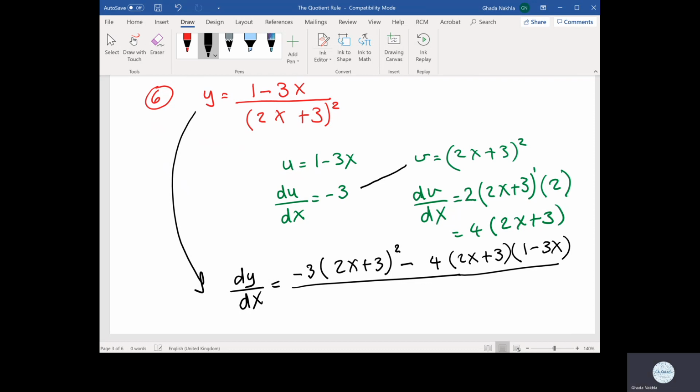I'm just substituting into the formula that is at the top of this document. Divided by v squared, so 2x plus 3 all squared, and then square that, so to the 4.